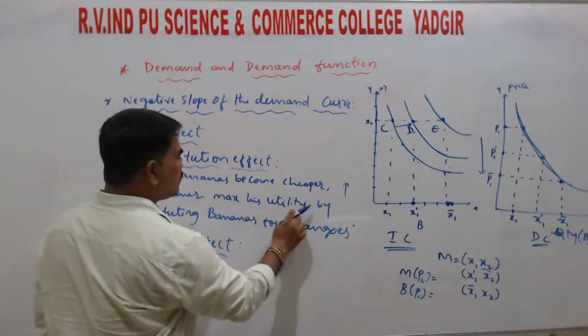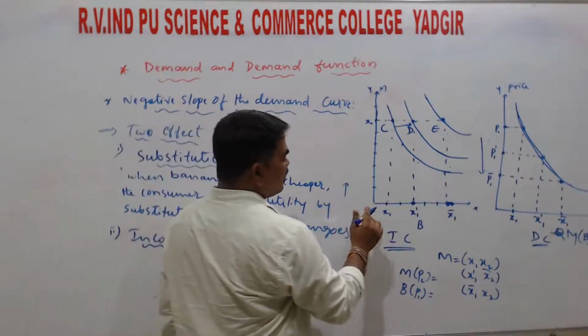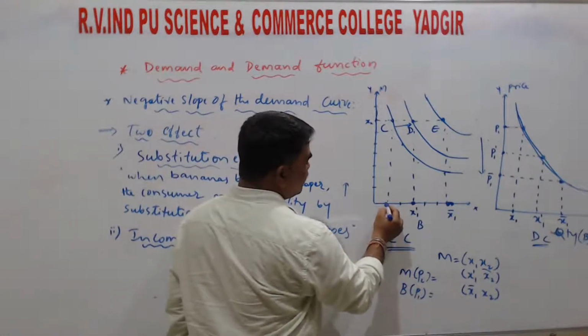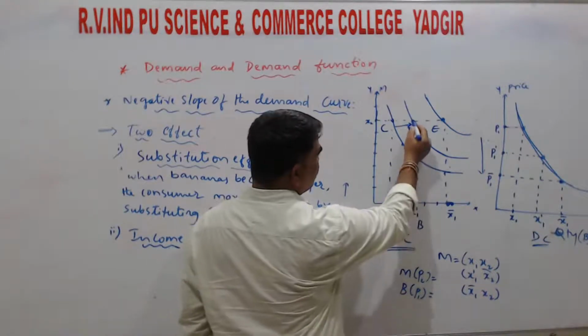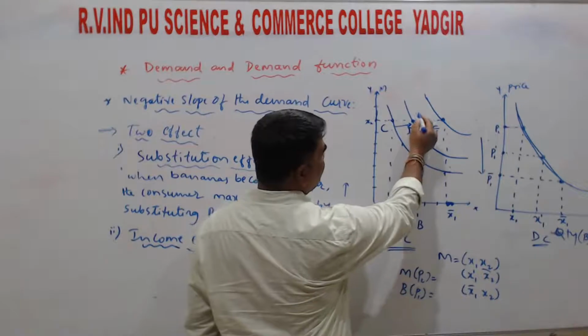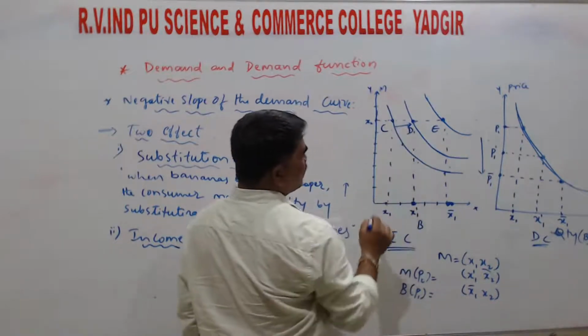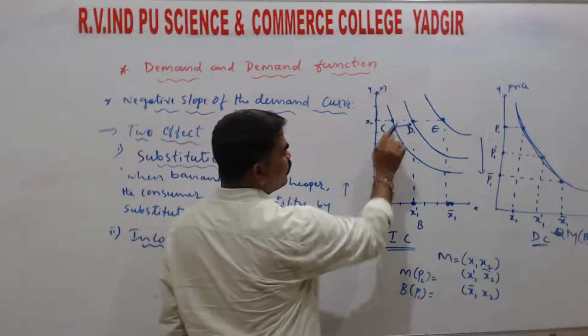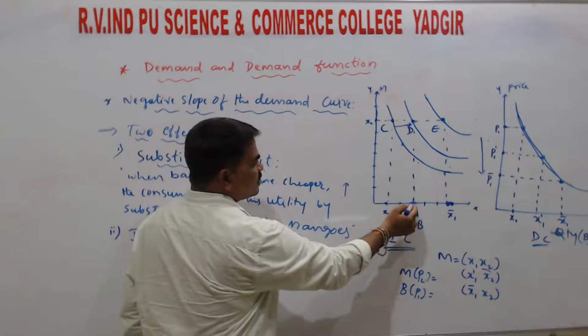The consumer maximizes his utility by substituting banana for mango. What he has done is substitute bananas for mangoes from here to here. Now he will go with this bundle, where he has this new quantity of banana and mangoes. So here he is getting more utility by substituting bananas for mangoes.